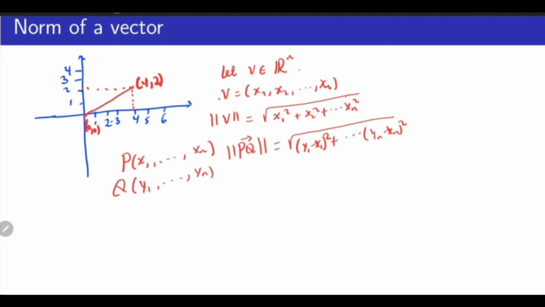So this is the standard formula to find the norm of a vector in n-dimensional space.